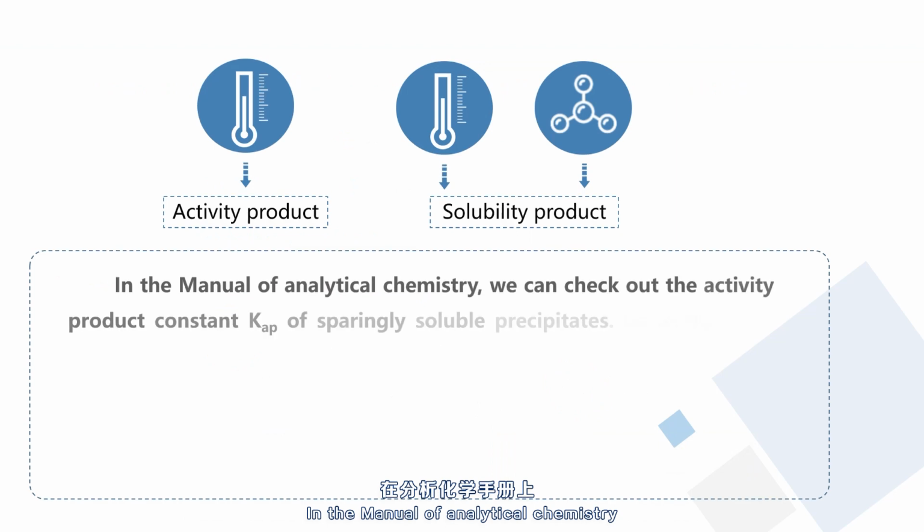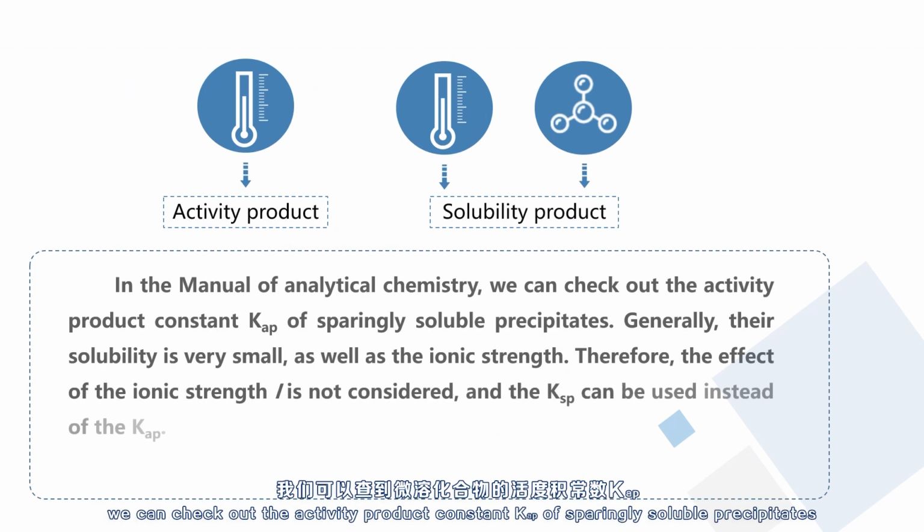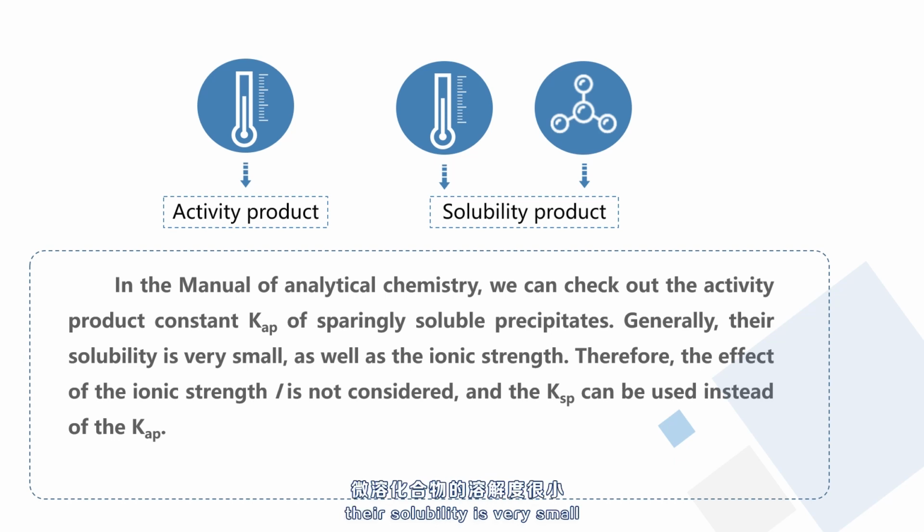In the Manual of Analytical Chemistry, we can check out the activity product constant, Kap, of sparingly soluble precipitates. Generally, their solubility is very small, as well as the ionic strength. Therefore, the effect of the ionic strength I is not considered, and the Ksp can be used instead of the Kap.